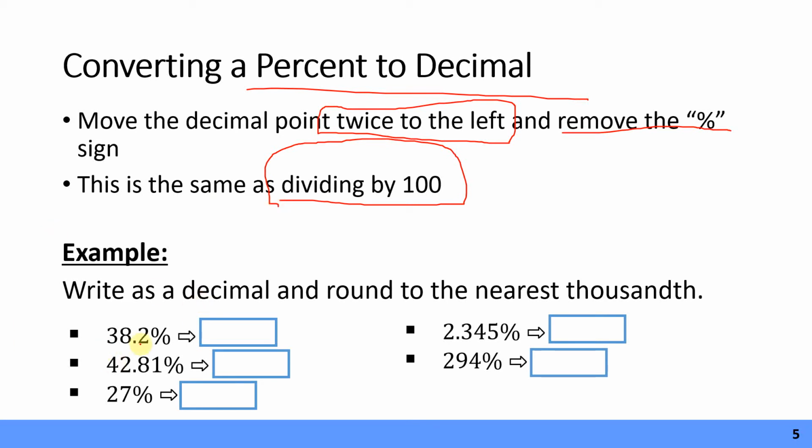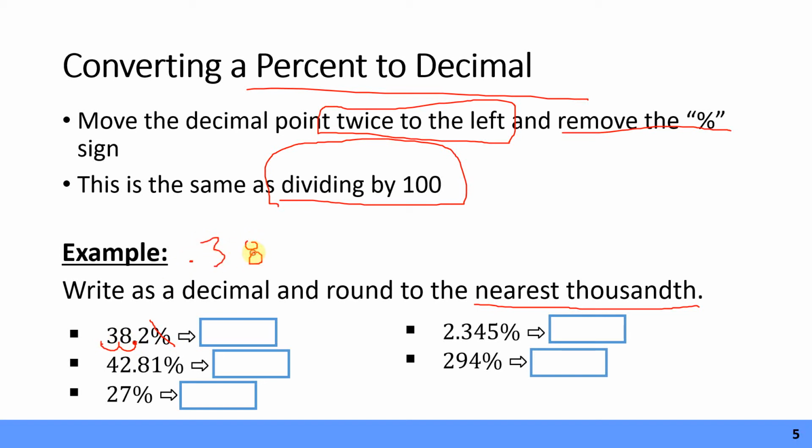So here they're asking us to write as a decimal, to the nearest thousandth. So here we're going to practice another place value. So again, this is a percent. We're going to drop the percent sign. We're going to move the decimal twice to the left. So my answer is going to be 0.382.